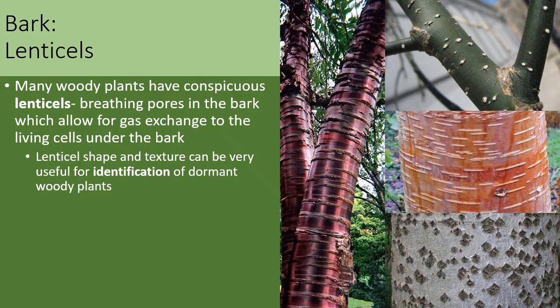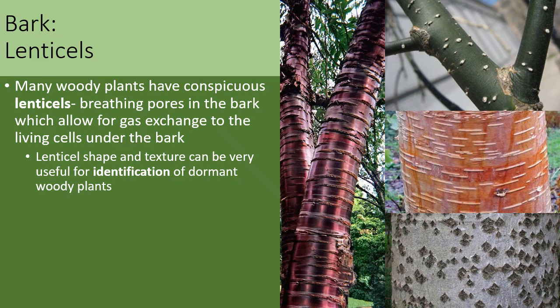So, for example, this tree on the left with the very beautiful metallic red bark is a Tibetan cherry. And Tibetan cherries have these very, very long, corky lenticels sporadically up the trunk.